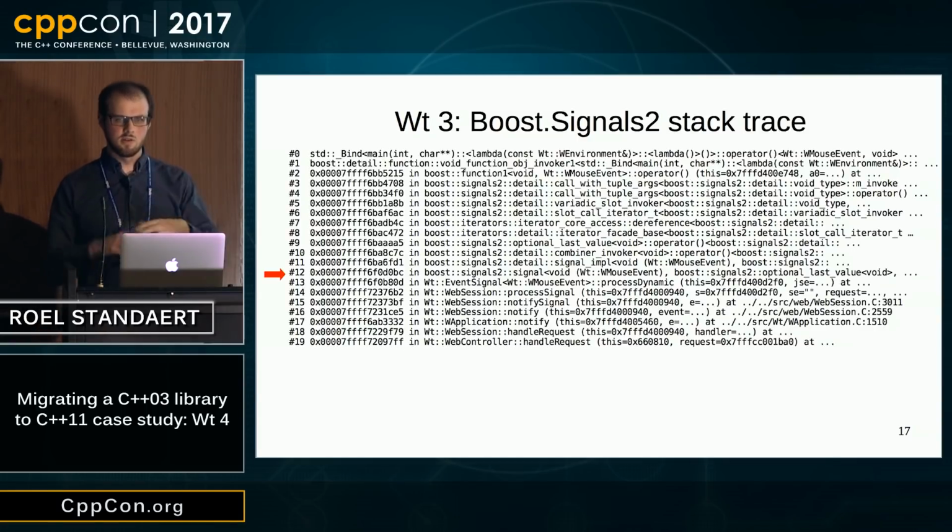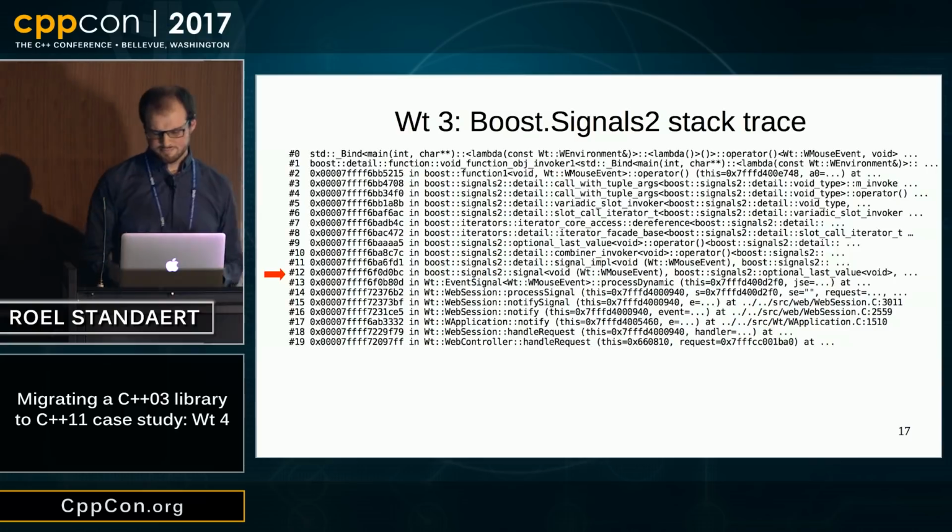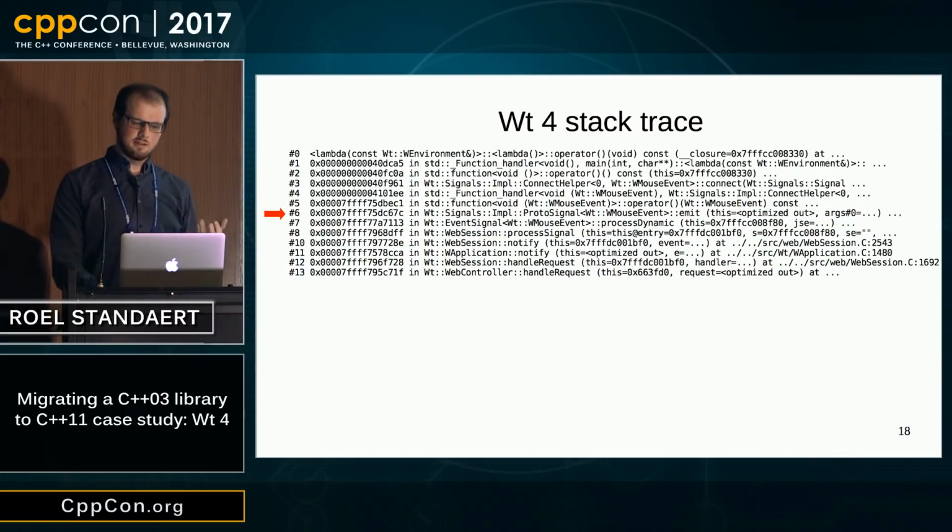And actually, I'm not showing all of the code here yet, because there are so many template substitutions going on there. I shortened all of the lines now. So in Wt 4, it's a little bit shorter. It's still on frame 6, but these lines are shorter and more understandable now.